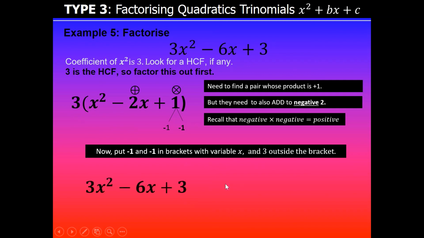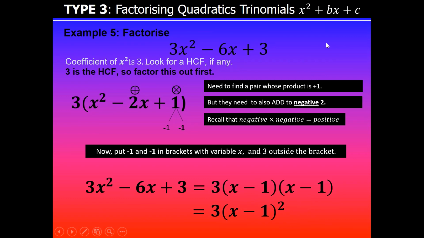So 3x squared minus 6x plus 3 will be factorized as 3 into x minus 1 into x minus 1, and I know that x minus 1 is repeated. I can rewrite that as 3 into x minus 1 whole thing squared. This is not required, but we can clearly see that it's repeated, so I can put that as a square.